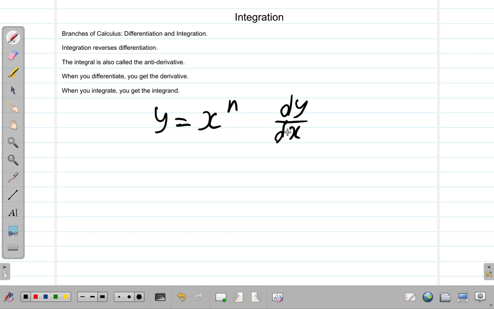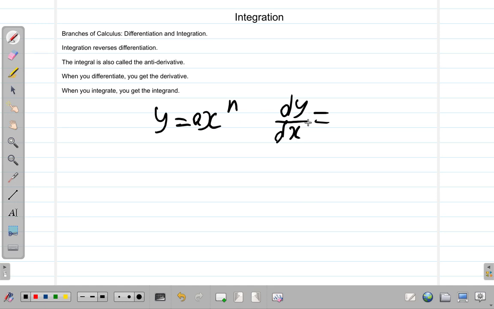So you consider x and y as the variables. Dy by dx equals, and in fact, you might have a number that multiplies x. So let me put that in. You have y equals a x to the n. Now, a is a constant because you are considering x and y as the variables.